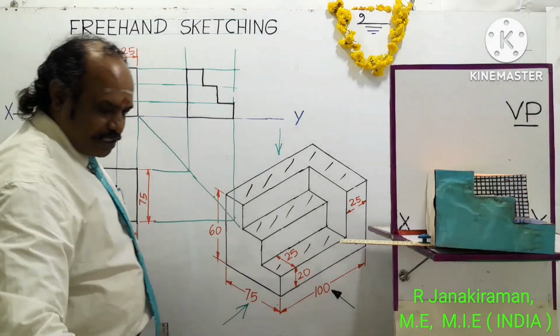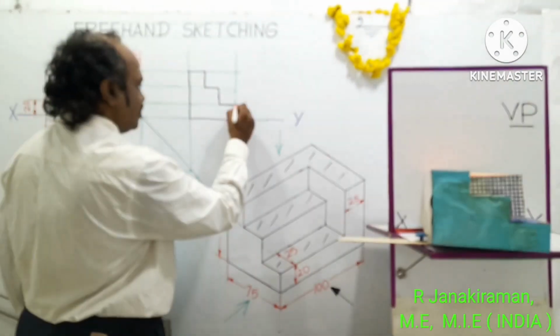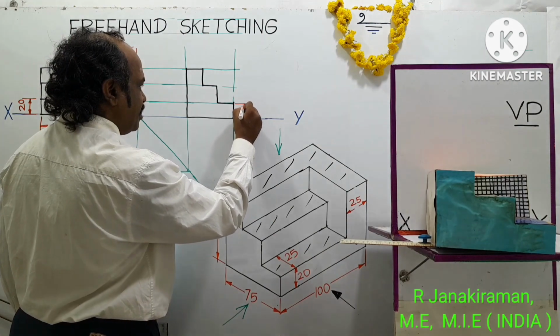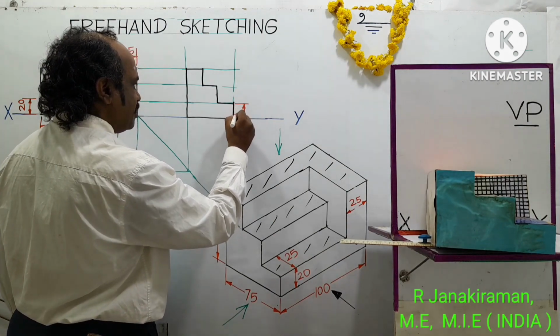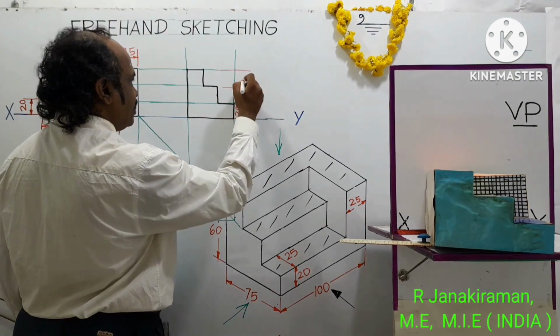So let us dimension this. If you want, you can do it. Already we dimensioned in the front view, or you can leave it as it is. One size dimensioned in one diagram means need not repeat that. This is 20. This is also 20. This is also 20.